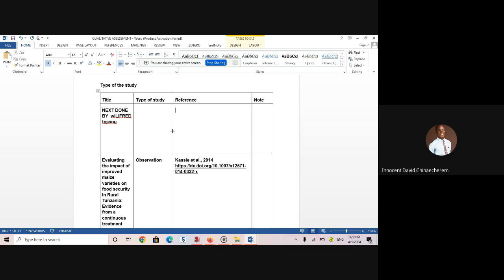Let's say, for example, you're trying to say that usage of condoms prevents HIV and AIDS. If that is coming from a systematic review conclusion, that means you've reviewed at least 10 primary articles exploring usage of condoms for prevention of sexually transmitted diseases.